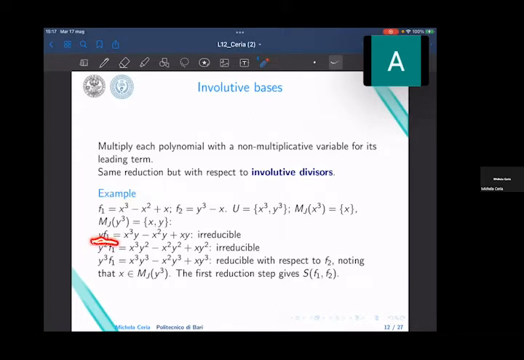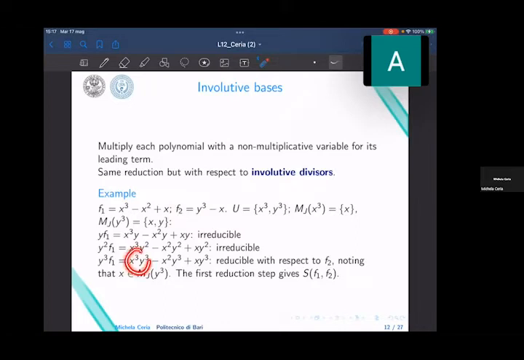I get this thing here. This polynomial is still irreducible. Then I continue, I multiply again by this non-multiplicative variable, and I get again a polynomial that is irreducible. So I multiply one time again, and I get this polynomial here. This polynomial is reducible with respect to F2.